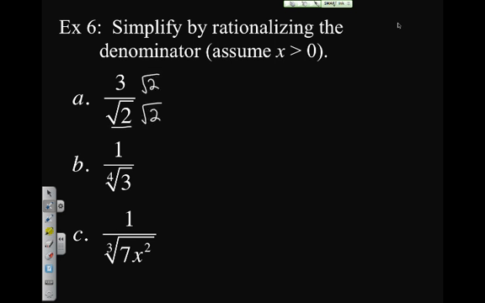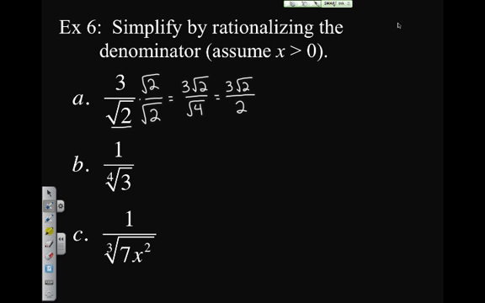And we can do that top and bottom because, remember again, multiplying by the square root of 2 over the square root of 2 is just multiplying by 1. And that gives us 3 times the square root of 2 over the square root of 4. But the whole point in doing that is that the square root of 4 is 2. So our answer is 3 root 2 over 2.